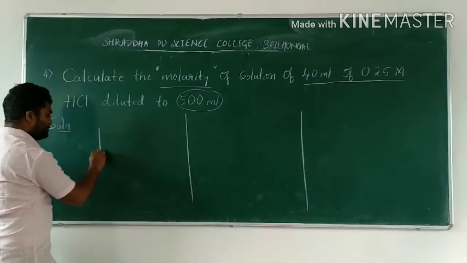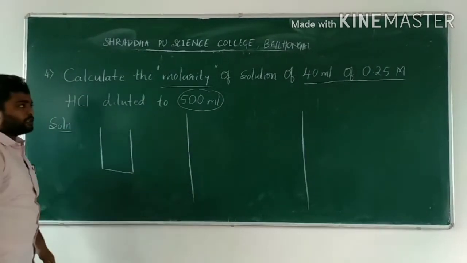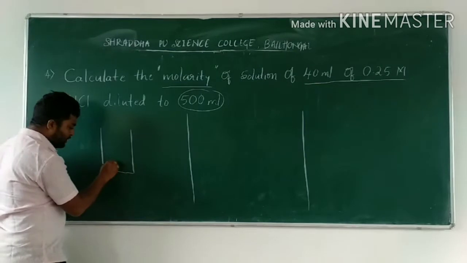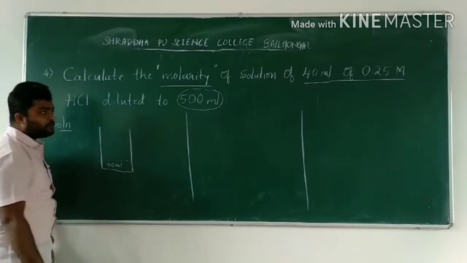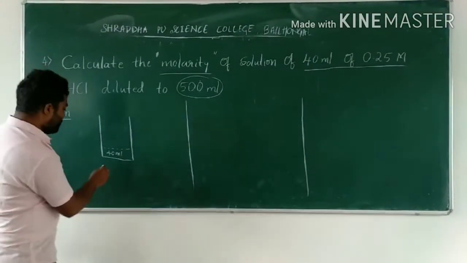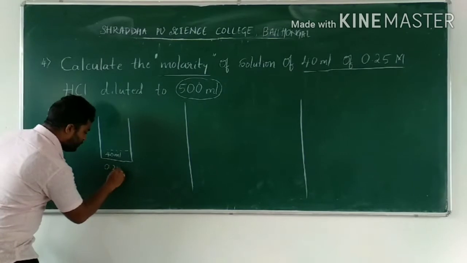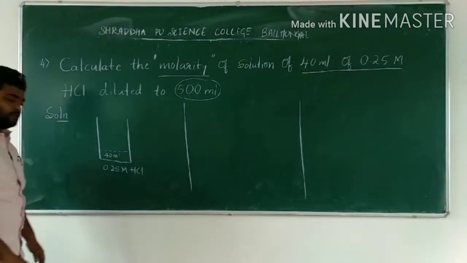That means this is the beaker which contains 40 ml of 0.25 M HCl.